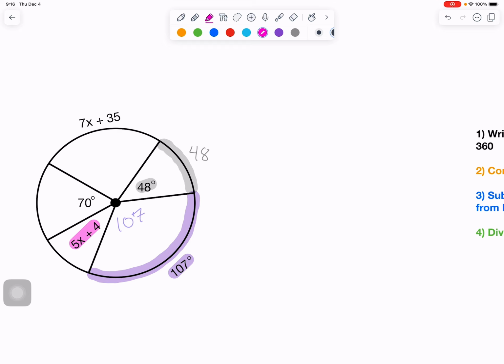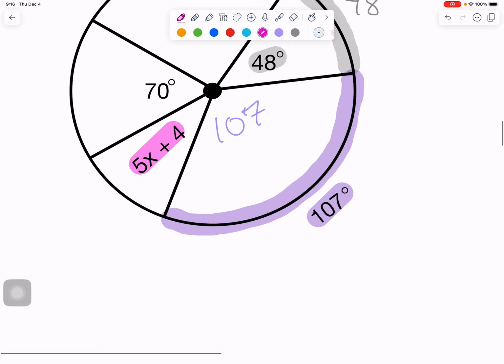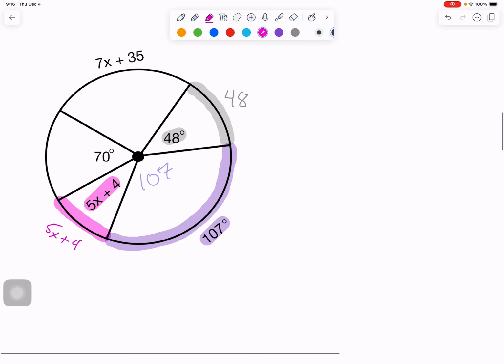We have that nice little central angle there. I'll zoom in tight, and I'll put our 5x plus 4 along the outside, representing that arc that goes with it. And we will carry on in teal. We have the 70 degrees here of a central angle. Then we know its arc is also 70 degrees.